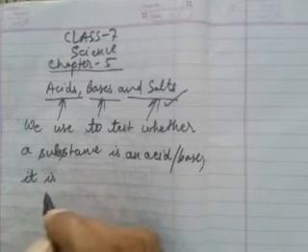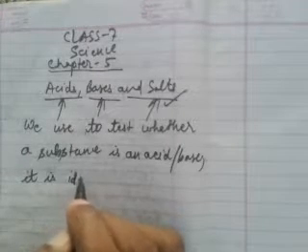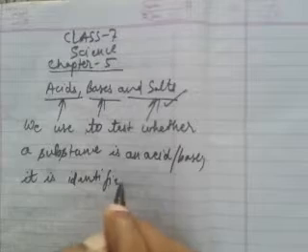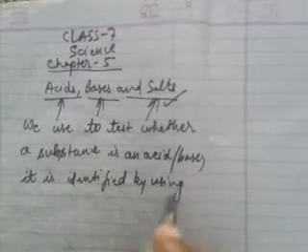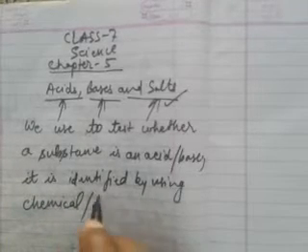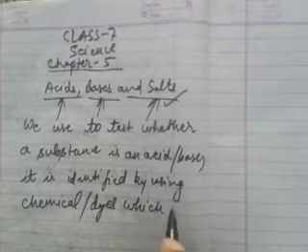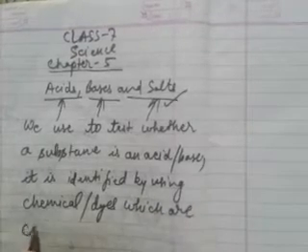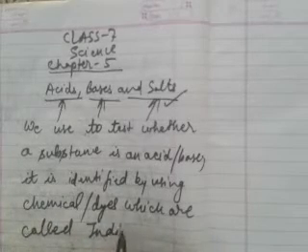It is identified by using chemicals or dyes which are called indicators.